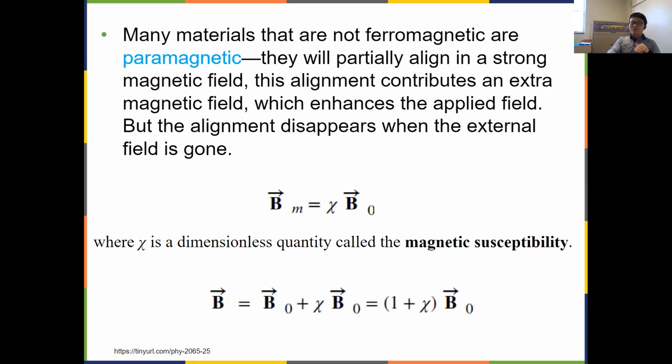But this is not permanent, because if you remove the outside magnetic field, the material will lose that magnetism and go back to the original. The amount the magnetic field can be strengthened is called the susceptibility of the material, and this sign looks like X. So the magnetic field is enhanced by the paramagnet.